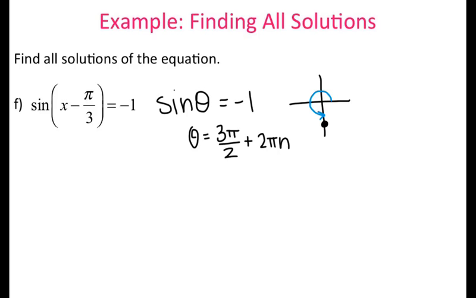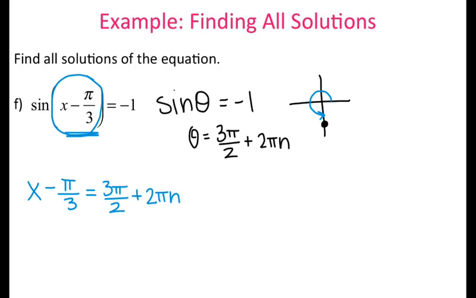Now we weren't actually solving for theta, we're actually solving for x minus pi over 3. But if you'll notice, I replaced this with theta. So what I'm going to do now is rewrite this as x minus pi over 3 equals what we solved for theta, being 3 pi over 2 plus 2 pi n.